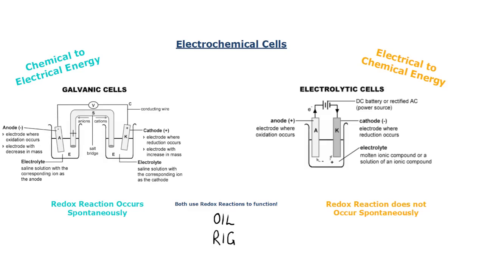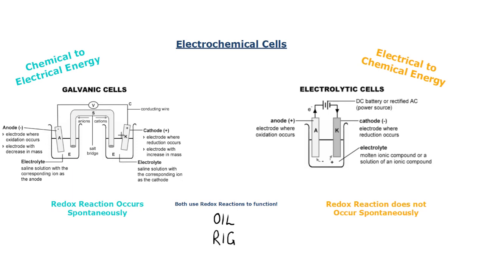We also have this salt bridge in the middle. It has multiple purposes. Remember, an electric circuit must be closed, so it closes the electric circuit. It also allows space for electrolytes inside the salt bridge to balance out.